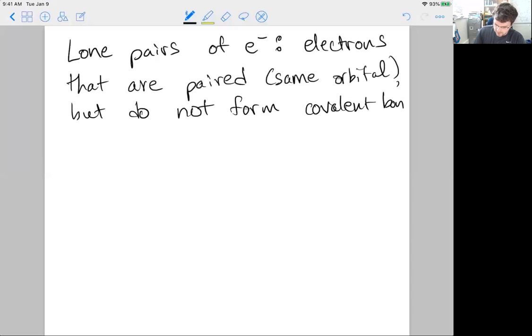We can force them to form covalent bonds if we need to, and that's something really interesting for later chemistry, but that's not something we need to worry about right now. For those of you that maybe have seen it, that's what's called a Lewis acid or base and then a dative bond. Anyway, back to the matter at hand. We have to draw the lone pairs.